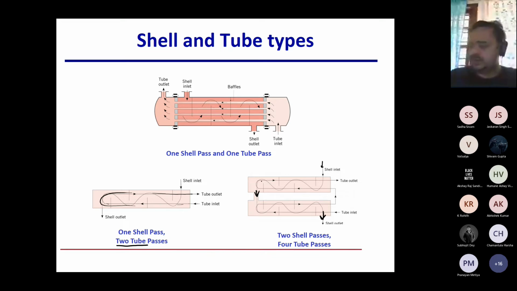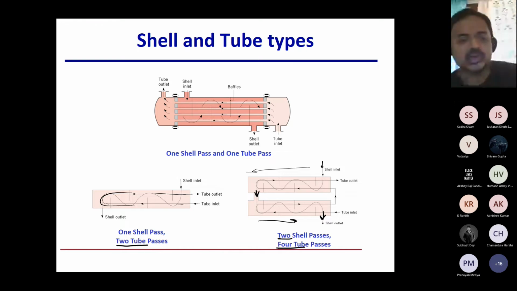So 1, 2. That's why 2 shell passes. And tube, 4 tube passes. Inlet. First from left to right, then right to left, then left to right, then right to left. So you can see this is 2 shell passes, 4 tube passes. This is how we classify. If somebody asks you, I have a shell and tube heat exchanger with five shell passes and 10 tube passes, you know exactly how it looks. Okay.